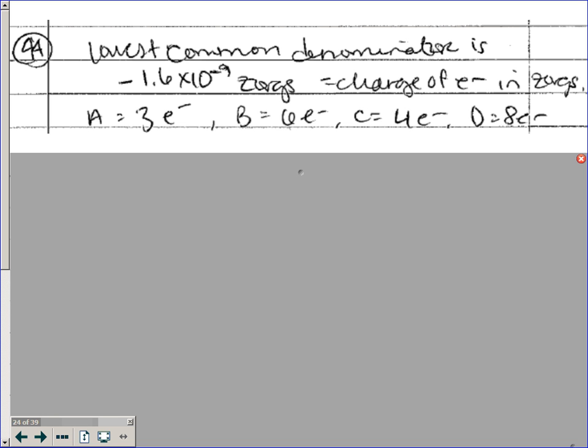If you look for a common multiple, you guys have your data probably written down: 4.8, 9.6, 6.4, and 12.8, and these are all times 10 to the negative 9. What number goes into all of those?